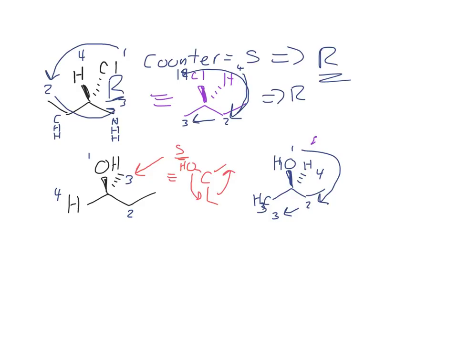Here we get clockwise, which is R. However, since we swapped the H and the methyl as we went to this new blue drawing, we know that we ended up drawing the enantiomer. So we should take our R designation from this new blue drawing and turn it into S, because we know that this is the enantiomer of the original drawing.